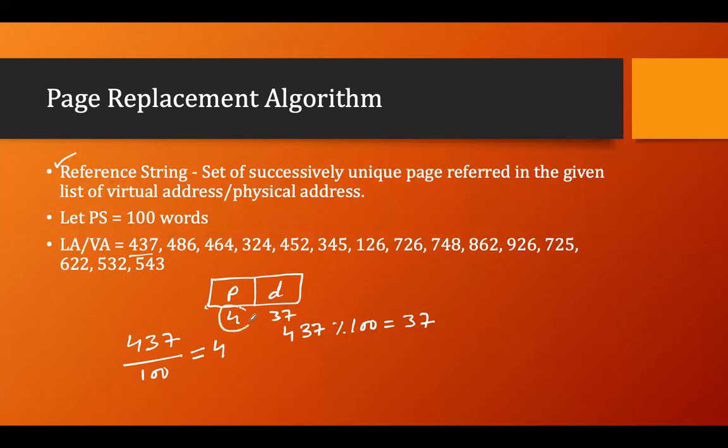So this 4 is a reference string. If we want the reference string of page numbers, we divide the address by the page size, and whatever integer value comes is the page number. So if the logical or virtual addresses are given, the reference string for the page replacement algorithm starts with 4. The next address again gives 4, so no need to put another 4 here.